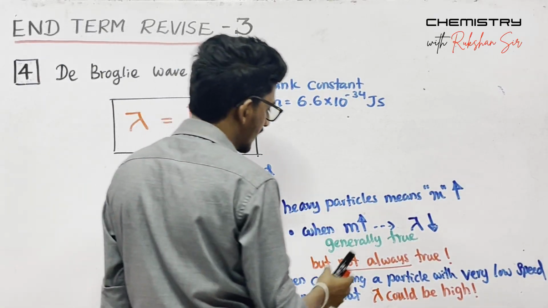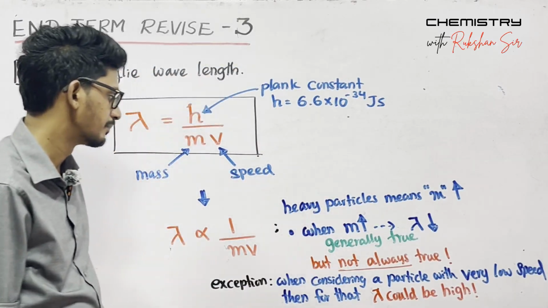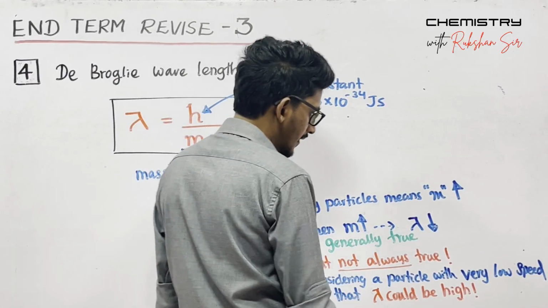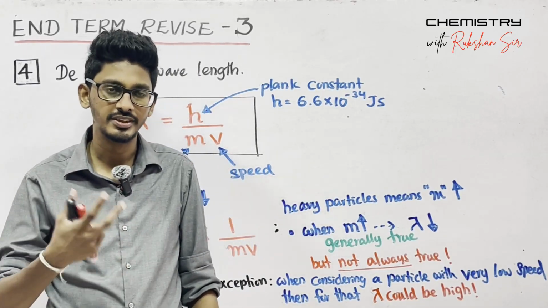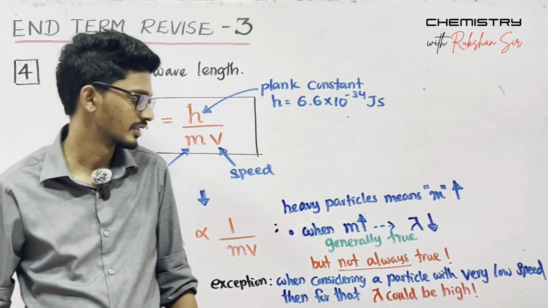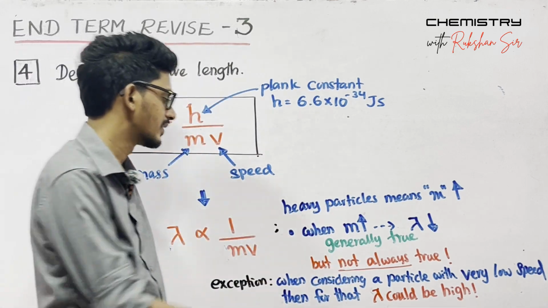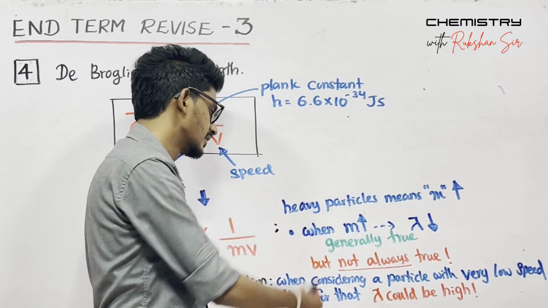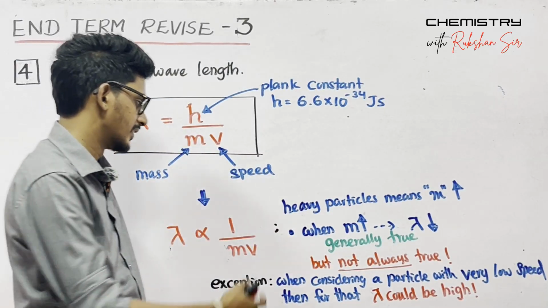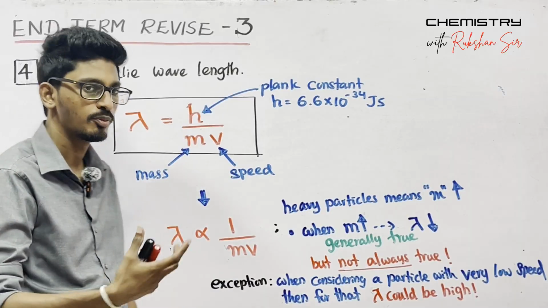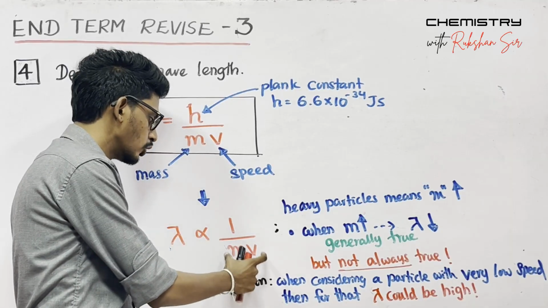So generally, when m increases, lambda decreases. But not always. When considering particles with speeds very close to zero, you can have a very high lambda value. Even though m is high, if the velocity approaches 0, like 10 to the power minus 3, minus 4, minus 5, that multiplication will give a very low value.